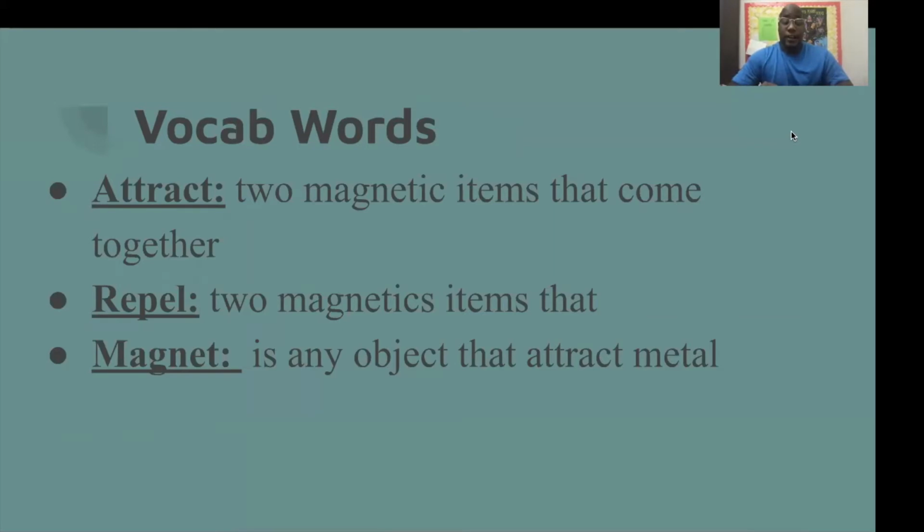So attract means two magnetic items that come together. Repel means two magnetic items that push away from each other. A magnet is an object that can attract metal. So let's see if these can attract metal. Over here, the pencil.